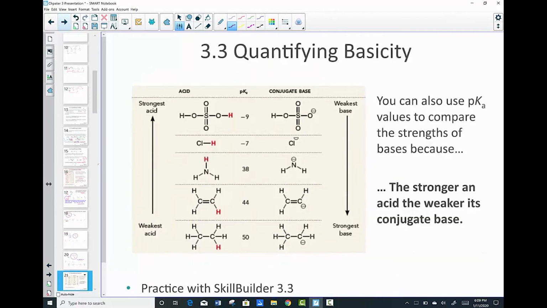You know what we can also use the pKa chart for is quantifying basicity, how basic a species is in comparison to another. So notice what we have here. We have conjugate acids written in the first column and their conjugate bases written in the far column.